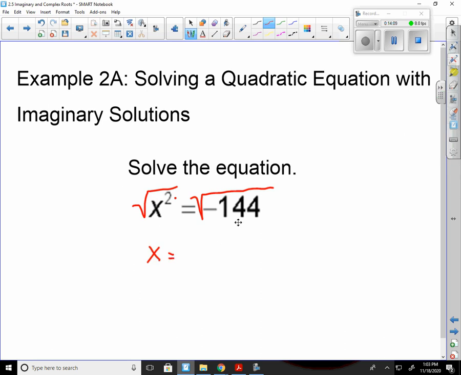Now on the right side, I have to break down this negative 144. So this part of it is just like what we just did. If I take the square root of negative 144, what's the first thing we did? Separate the negative 1 out from the 144.